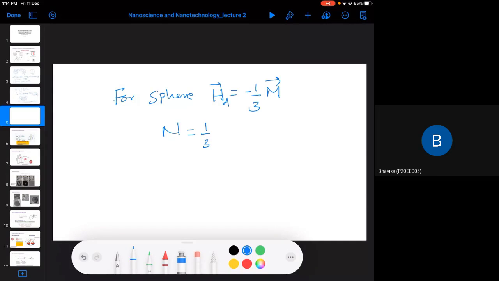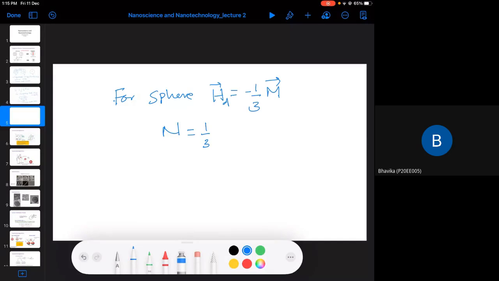The sphere has a mostly isotropic distribution, so the demagnetizing field will also be isotropic, and you get one third for each direction x, y, z, the different Cartesian coordinates. So this is how the demagnetizing field for a sphere would look.